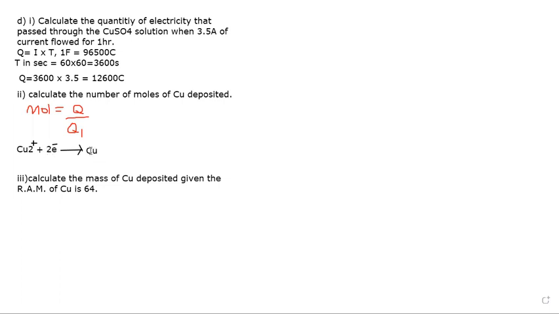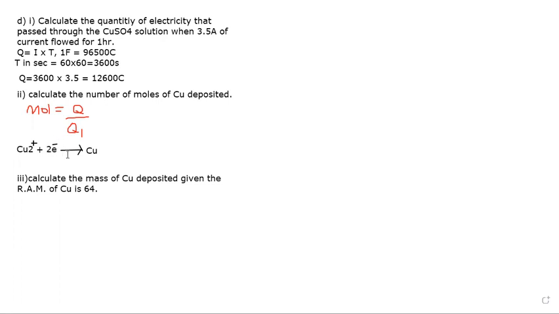And if you look at this equation, it takes 2 electrons to give you 1 mole of copper, right? And remember, each of these electrons is carrying 96,500 coulomb. So if you use 2 electrons, you are carrying twice the amount of 96,500. Good.